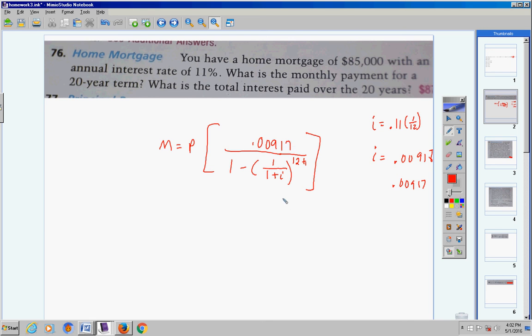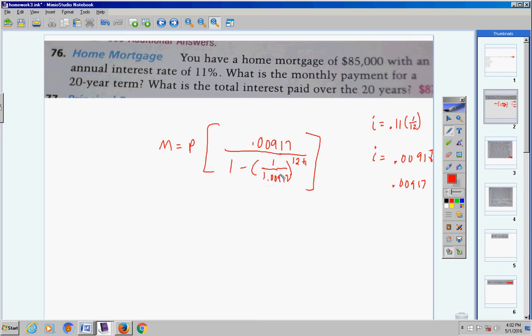So for my I right up here, I'm going to use 0.00917. Now, think about it for a second, students. For I right here, if you put 0.00917, then add 1 to that, you'll get 1.00917, okay? So I'm just going to get my eraser out and make a little bit of space here. And here we go. So I would have 1.00917.